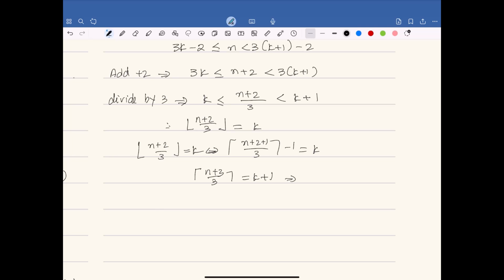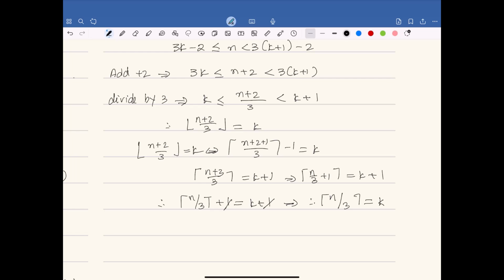We do further simplification. Ceiling of n over 3 plus 1 is equal to k plus 1. Since we are adding an integer inside the ceiling, we can take it outside. So this is ceiling of n over 3 plus 1 is equal to k plus 1. Cancel 1 on both sides. Then what we will get is that the ceiling of n over 3 is equal to k.